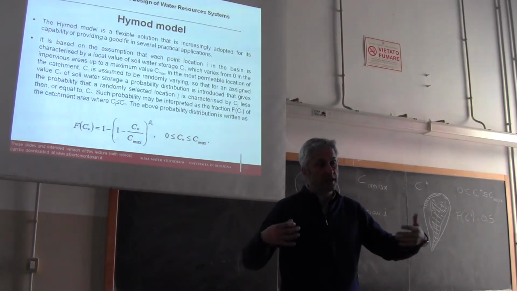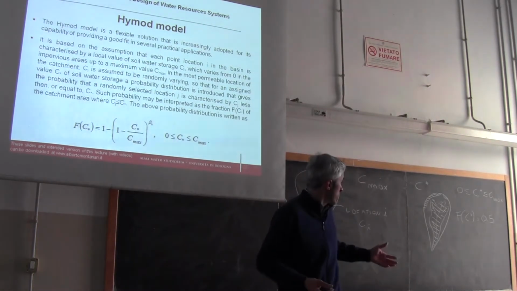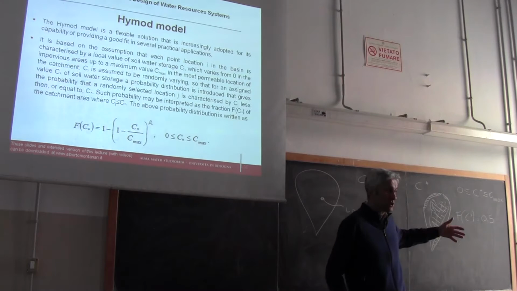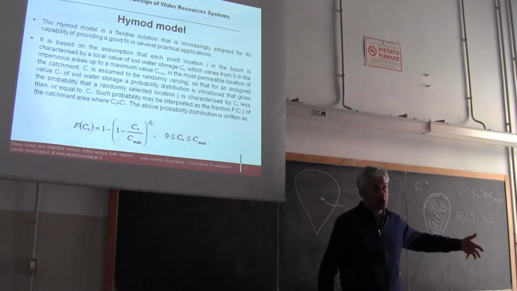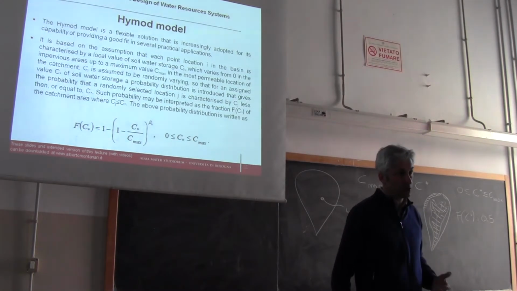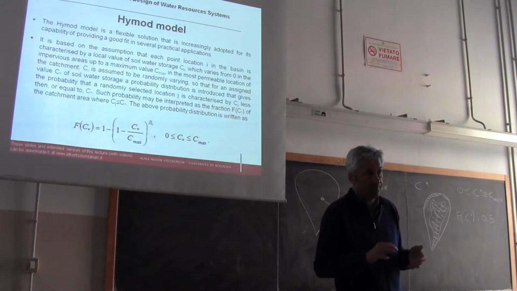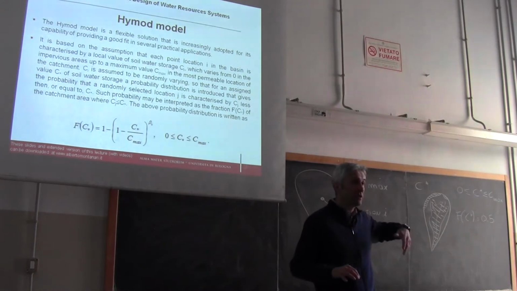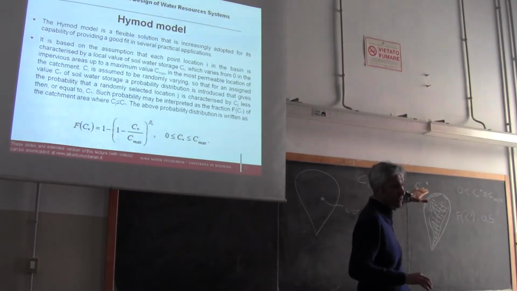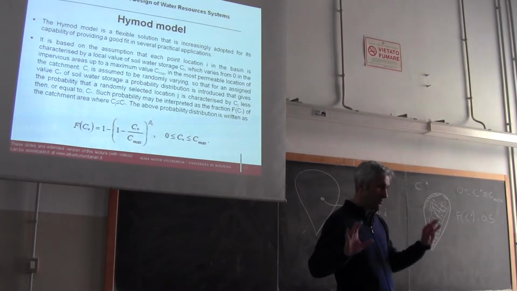Then while it rains, the catchment gets more water, and therefore the areas where storage is lower than the current storage are increasing, because storage in the catchment is increasing while it rains. So this area is dynamically varying as C star varies in time. But we will discuss this in 5 minutes.